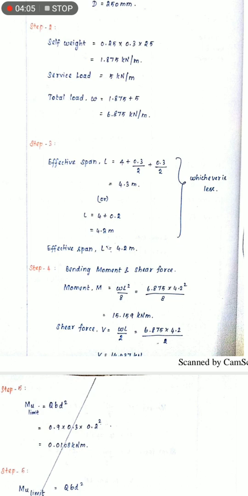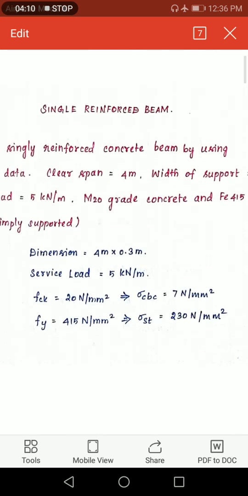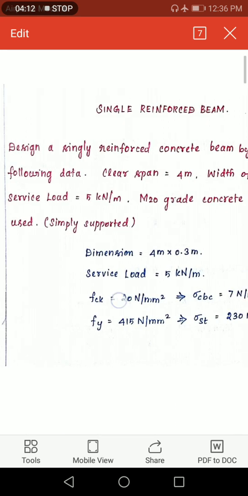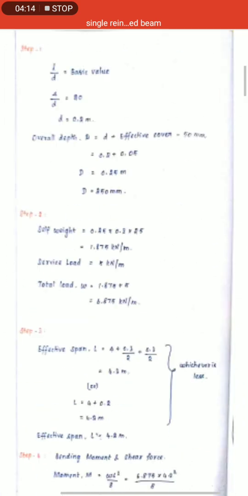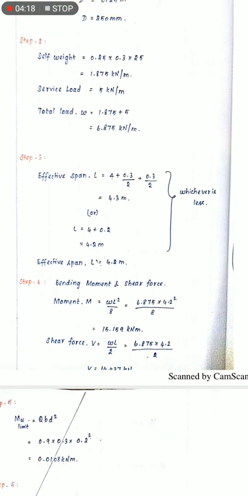Here the support thickness is 0.3 for your problem. Therefore, we can take 4 plus 0.3 by 2 plus 0.3 by 2, because it is center to center distance. Therefore L equal to 4.3 meter.